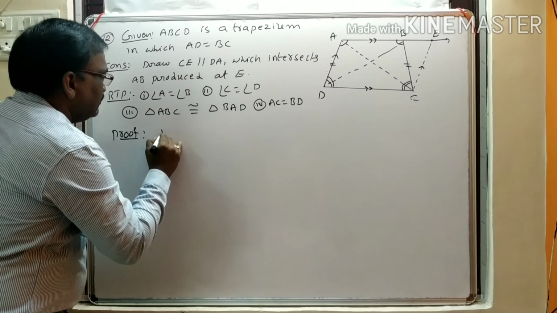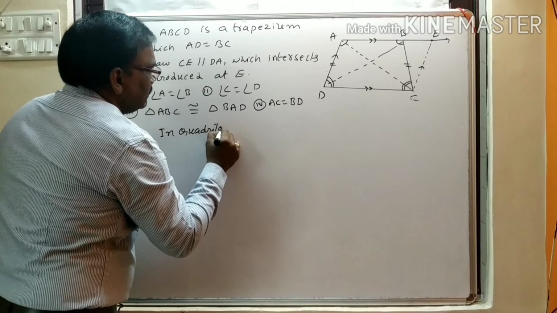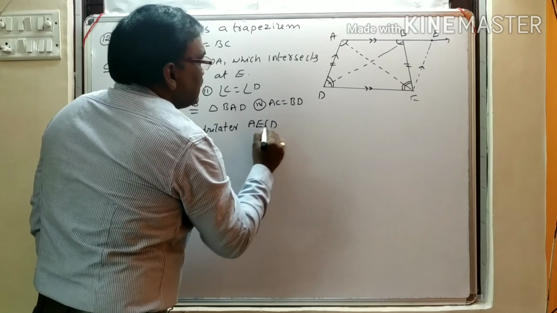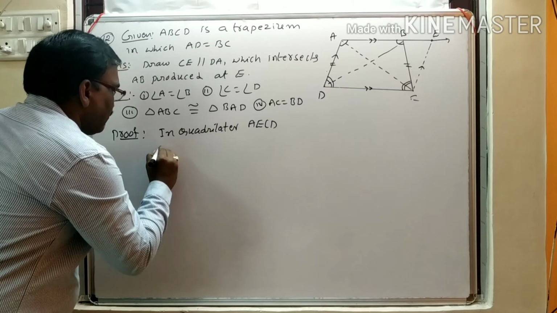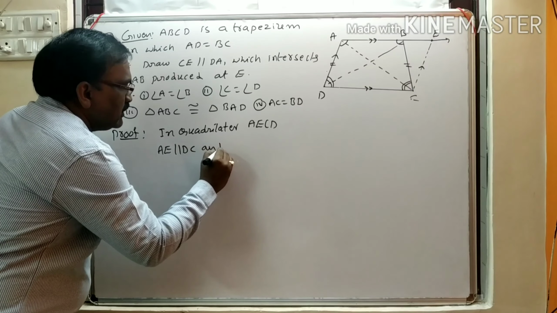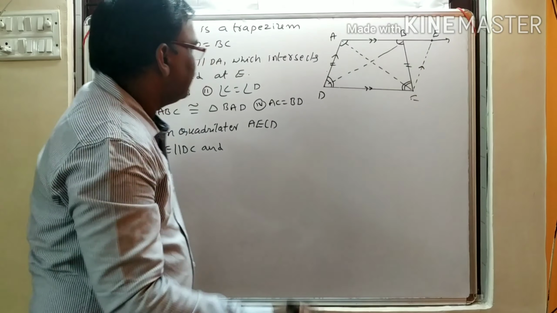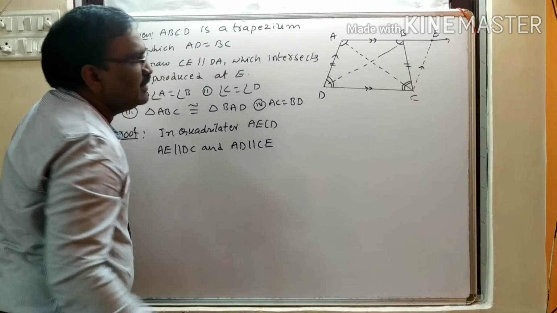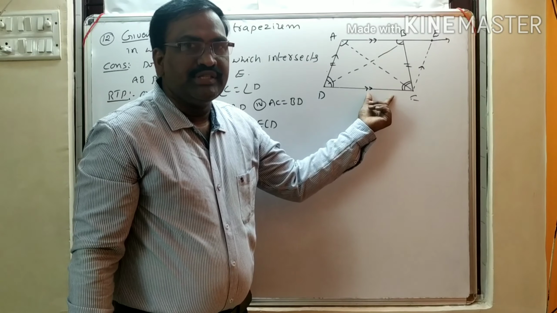In quadrilateral AECD, AE parallel to DC, and AD parallel to CE. In quadrilateral, both pair of opposite sides are parallel.